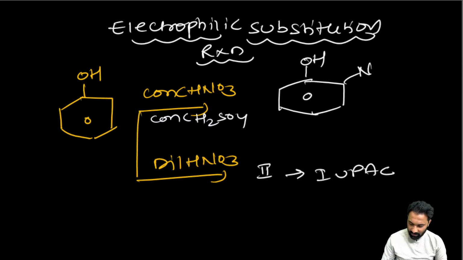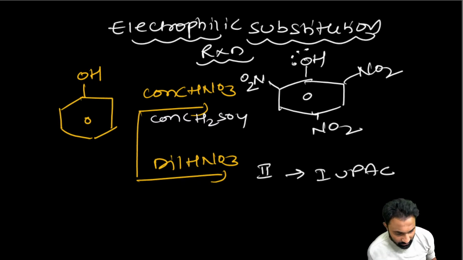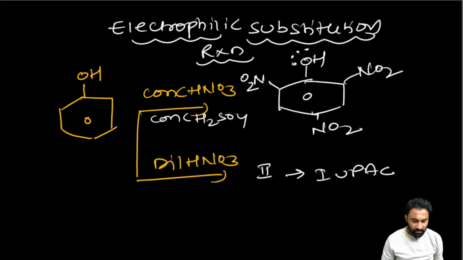First one is a trinitrophenol because this OH is a strong ortho-para-directing group, right? Clear? Strong ortho-para-directing group. First one is a trinitrophenol.